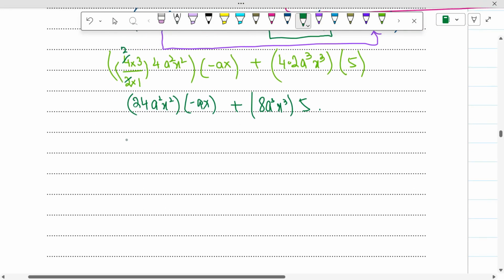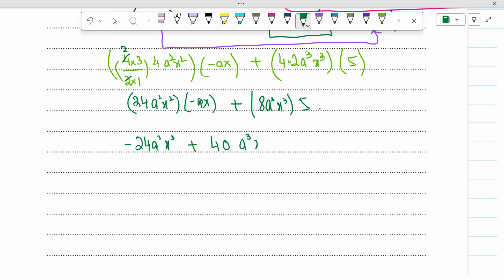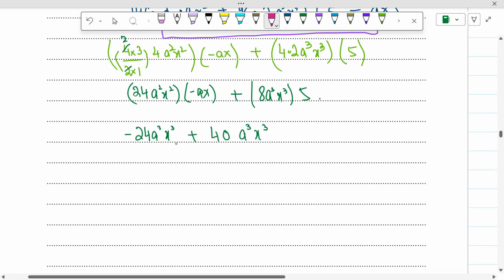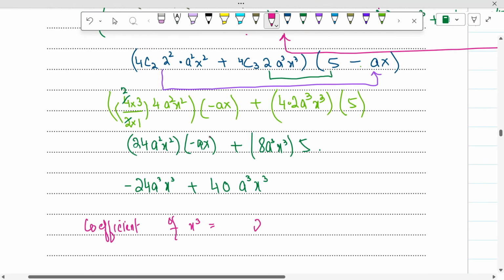Okay, when we multiply, we will have negative 24 a cube x cube, and plus 8 times 5 is 40 a cube x cube. Now the coefficient of x cube is given, which is 432.